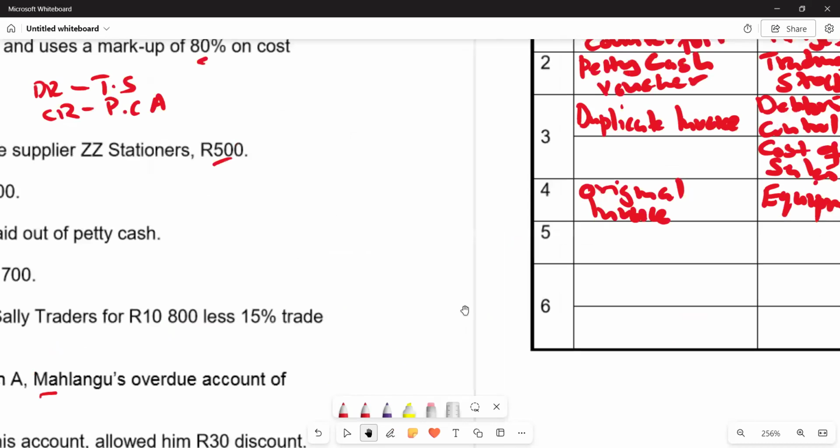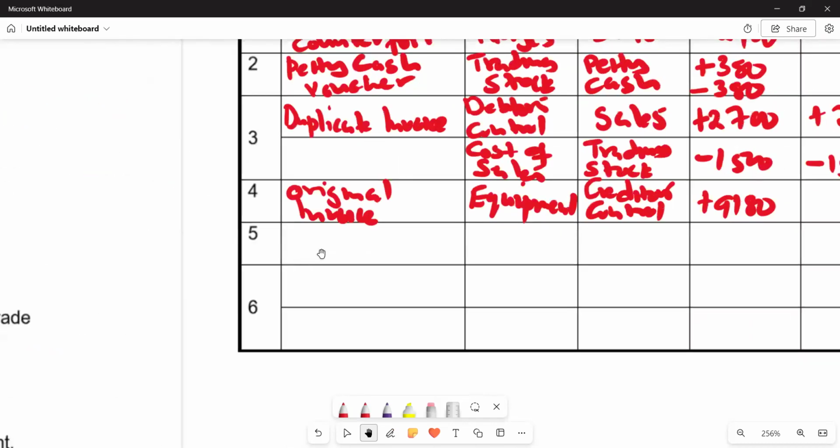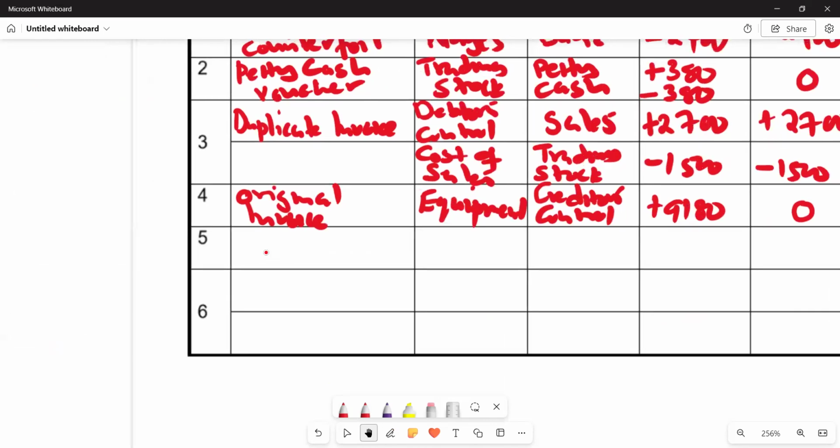That was on the item 5. And remember, the source document that we are going to use there is the journal voucher for that interest. Journal voucher. And the account to be debited is debtors control, and the account to be credited is interest income.